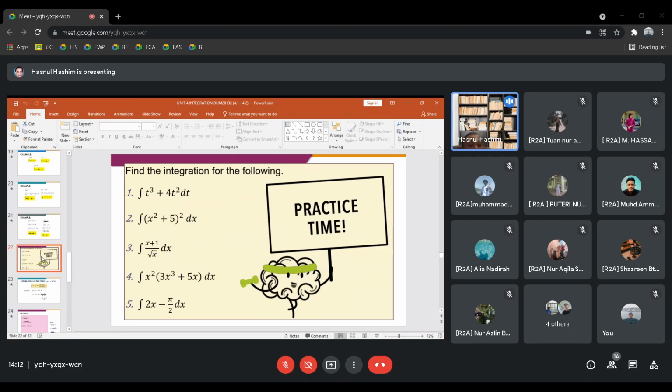So the practice time. What is the answer for number 1? Number 1 will be 3t to the power 4 over 4, plus 4t cubed over 3. Then number 2, if we multiply it out, we have x to the power 4 plus 10x squared plus 25.